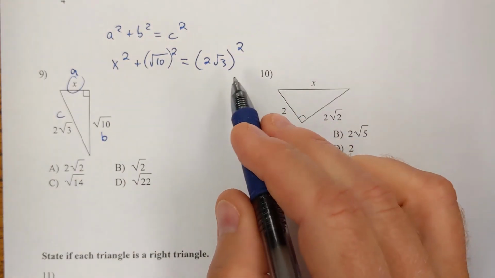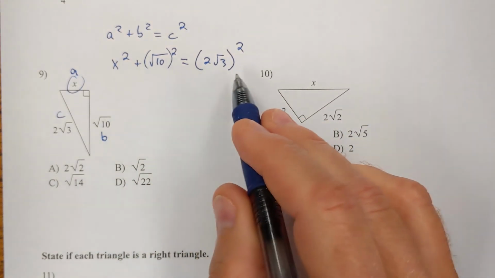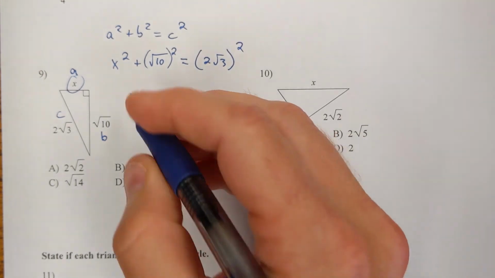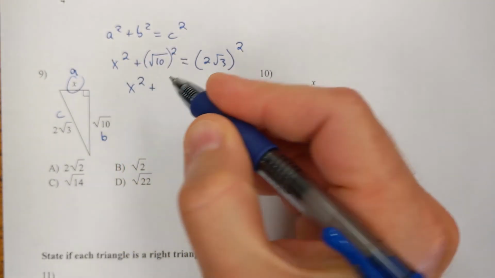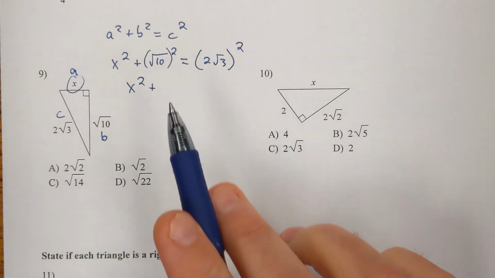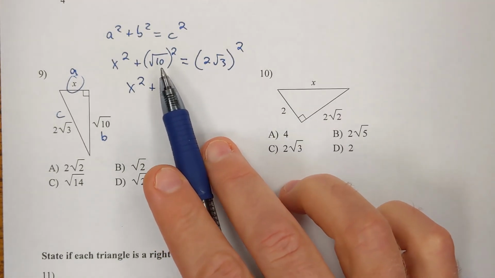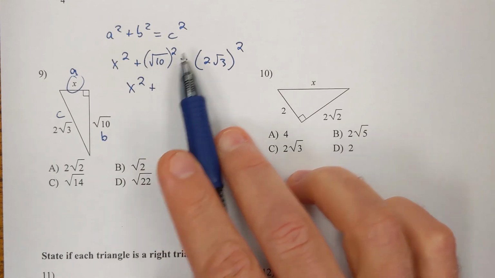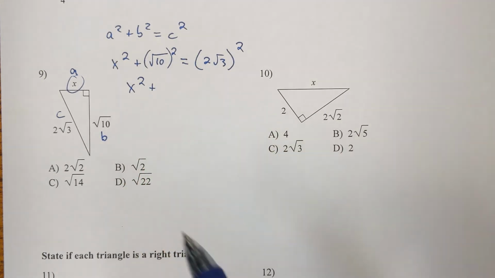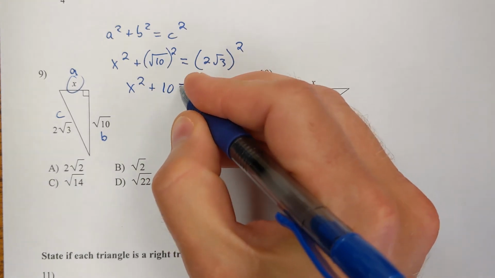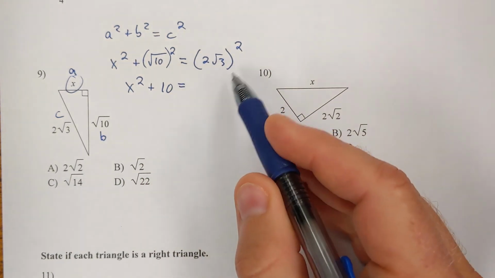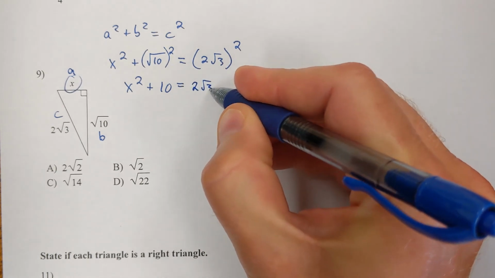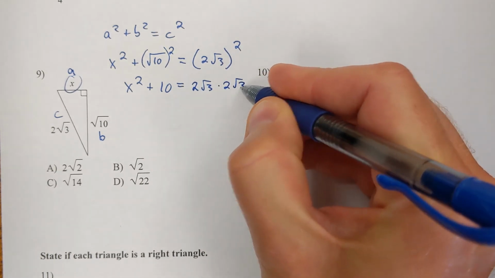So in order to solve this, I want to show you how we can extend these out. So x squared, this one I think is pretty easy. We learned in the last lesson a radical and a square really cancel each other out. Radical 10 squared is just a normal 10. But this one's a little tricky because here we have to do 2 radical 3 times itself.